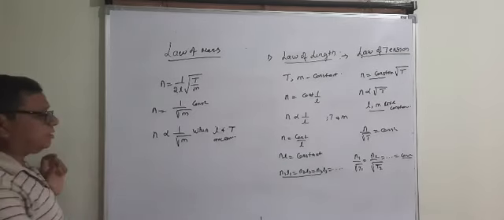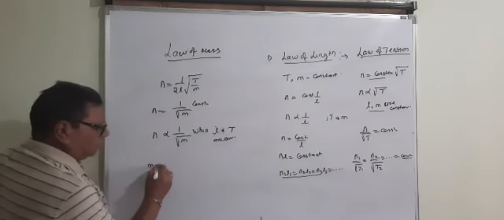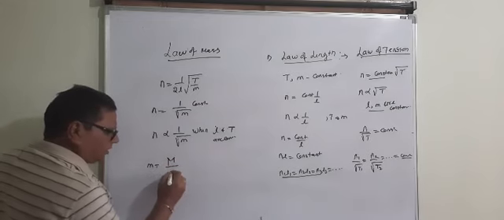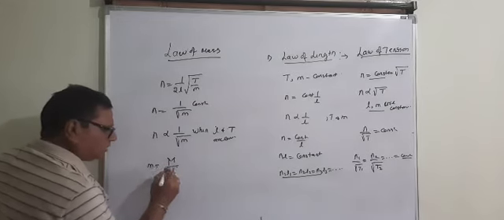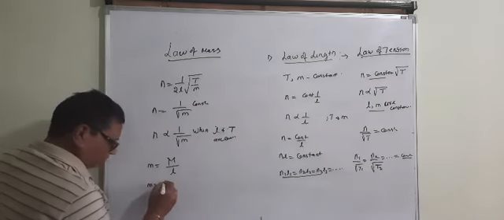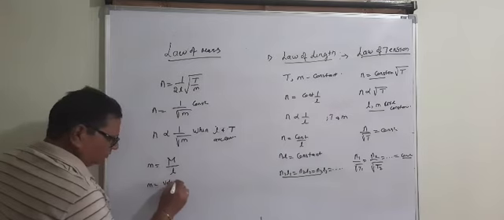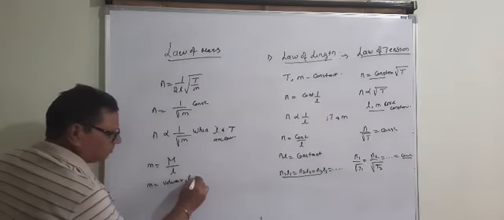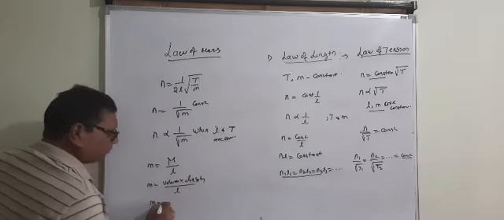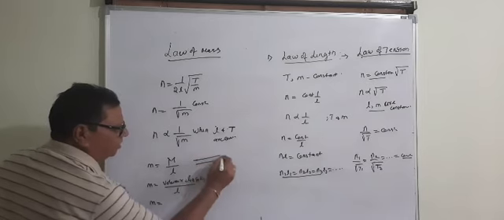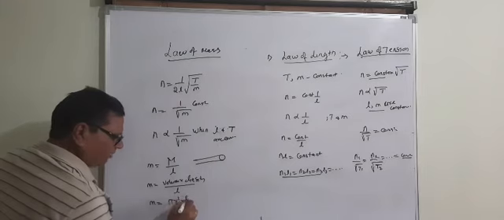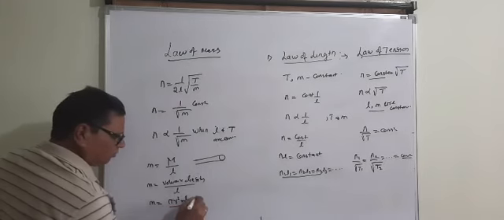Or we can, you know that mass per unit length, let capital M be the mass of the body, let small l be the length. Mass is equal to density into volume, so small m equals volume into density divided by L. The volume of a uniform wire is cross-sectional area pi r square into length, divided by L into density rho.